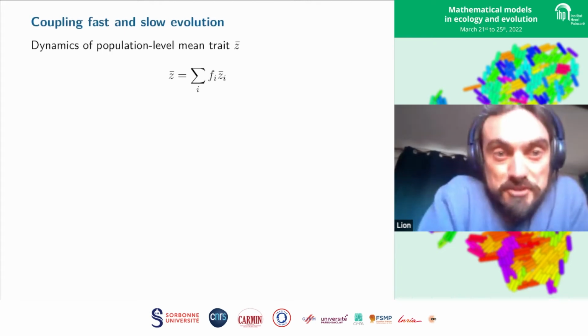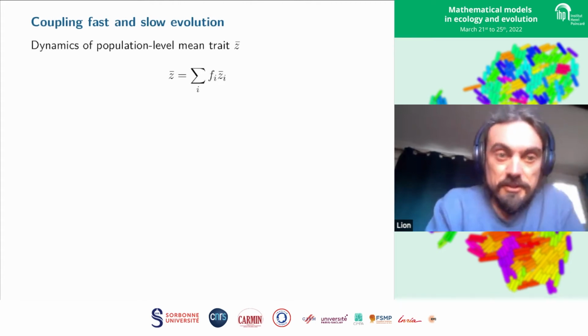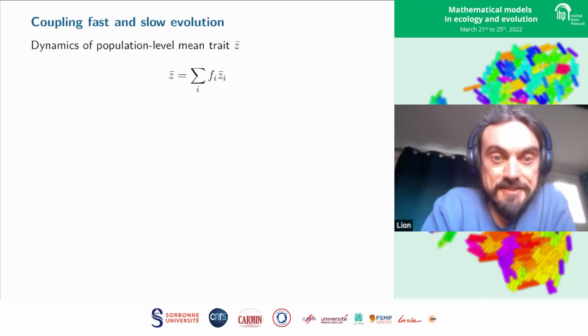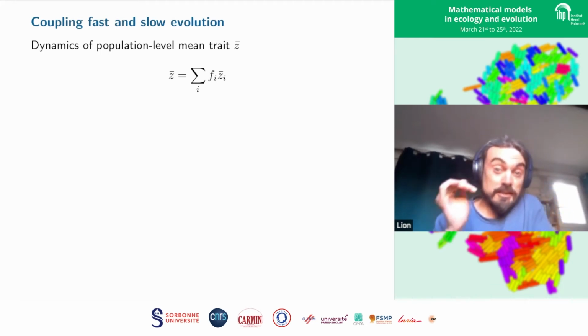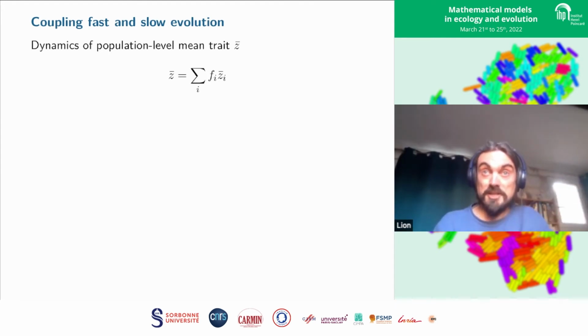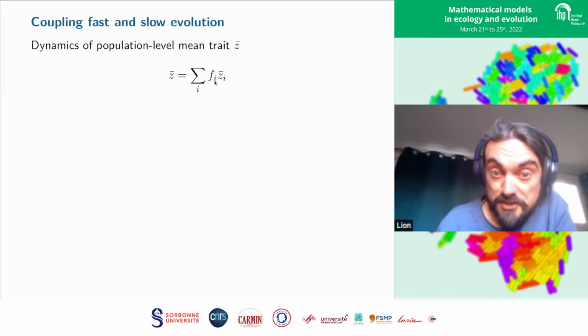One thing I want to stress in this talk is how we can use that to understand the coupling between fast and slow evolution processes. So if, instead of looking at the morph mean Z bar i, we look at the population level mean trait, Z bar, it's very easy to compute. It's the sum over i of the morph means weighted by the frequency of each morph.